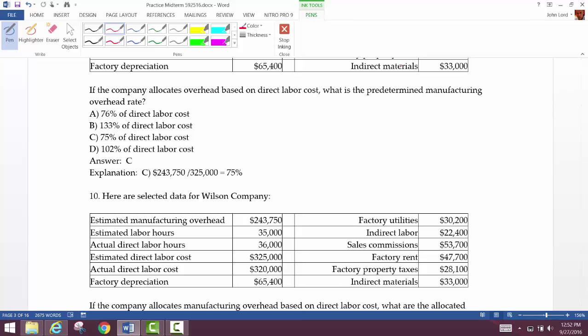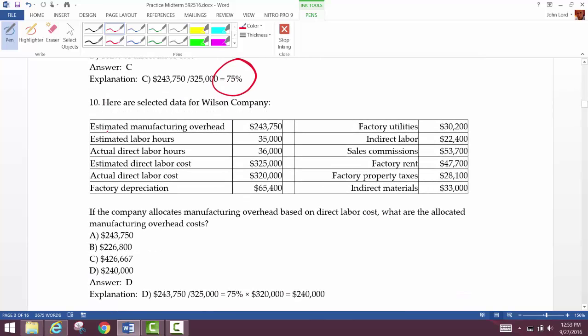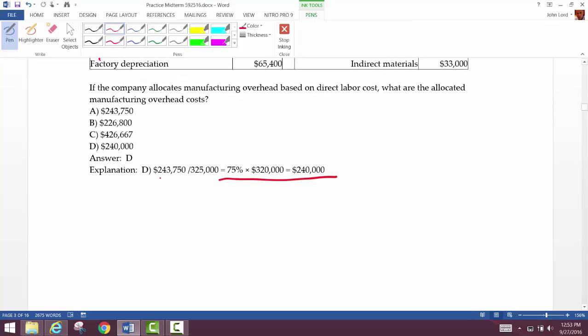That gives me the rate, the 75%. Then you multiplied that times the actual direct labor cost. That gave you the amount applied, right? Okay, good.